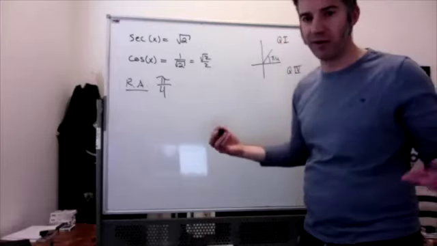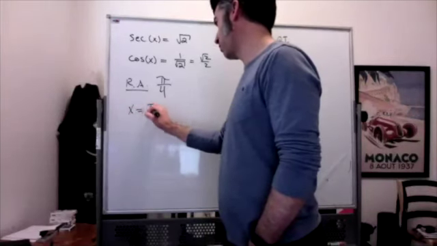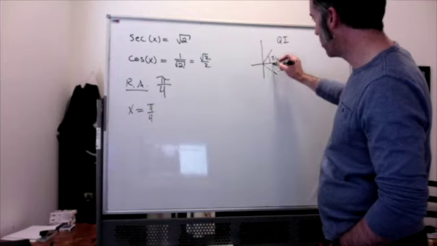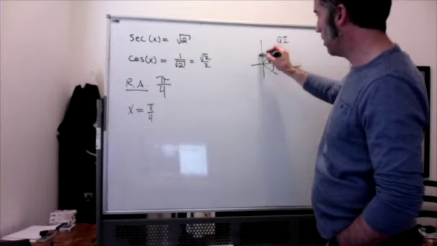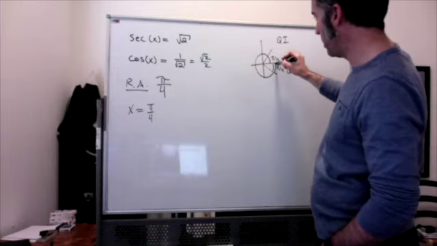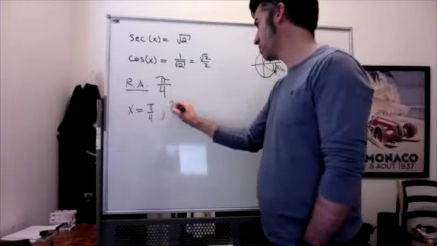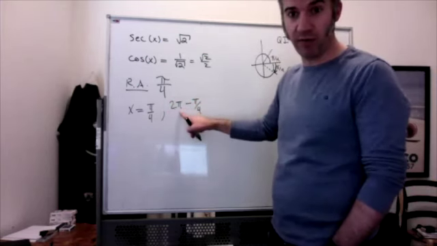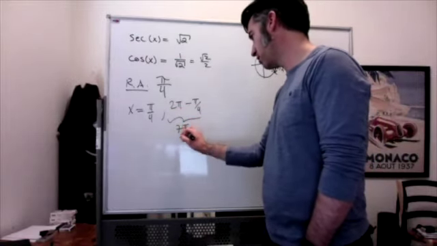In quadrant 1, your answer is just the reference angle, so our answers are going to be pi over 4. And the angle in quadrant 4 whose reference angle is pi over 4 is a full 2 pi minus pi over 4, which is 8 pi over 4 minus pi over 4, which is 7 pi over 4.